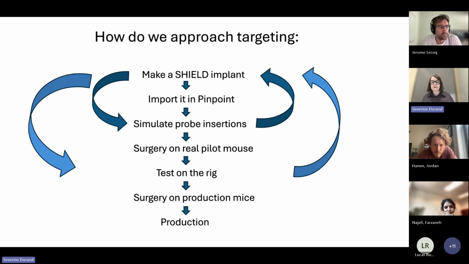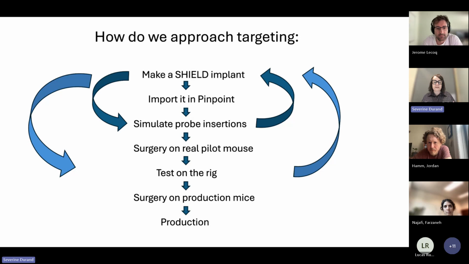So the strategy here is basically we make what we call the shield implant, which I will show you in a minute. We import it in a software called Pinpoint, where we have a CCF brain, and I will show you that also in a minute. And then we simulate all the probe insertions, and we have all the areas that it's supposed to be crossing. And then we do a surgery on a real pilot mouse.